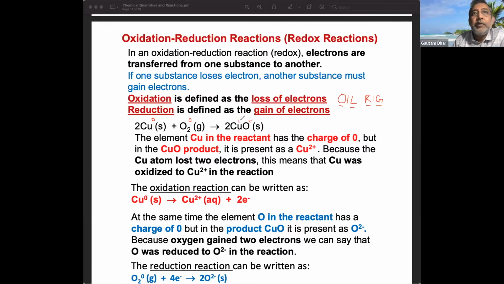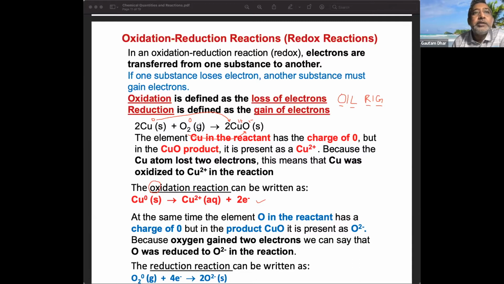So when the compound is formed, you can see that copper becomes copper 2 plus and oxygen becomes O2 minus. How can that be? So copper 0 becomes copper 2 plus by losing electron. And this is oxidation because copper is losing electron. Oxidation.